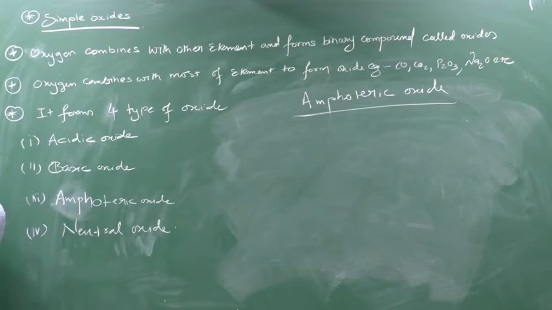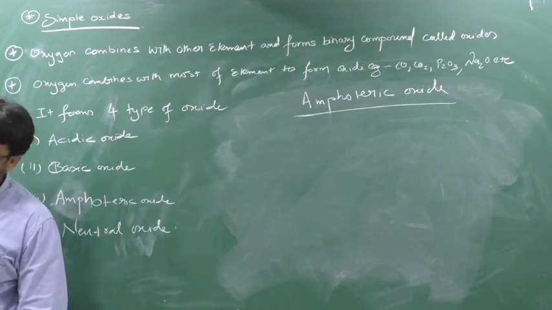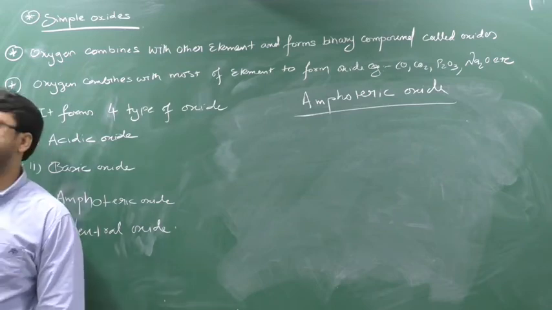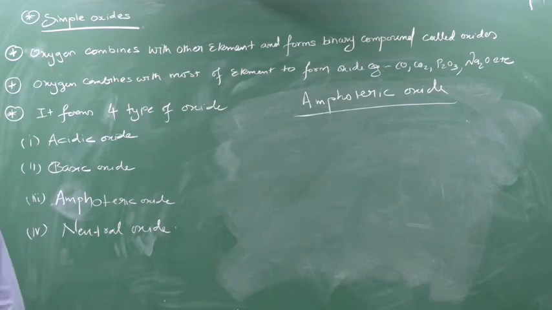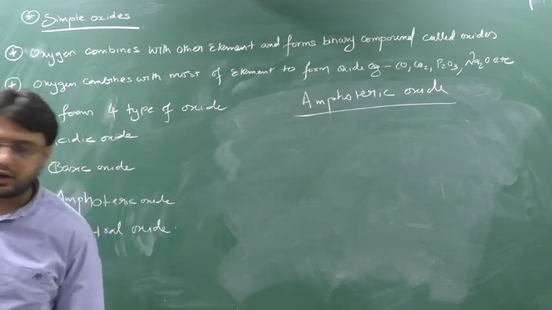Such types of oxides are known as amphoteric oxides.